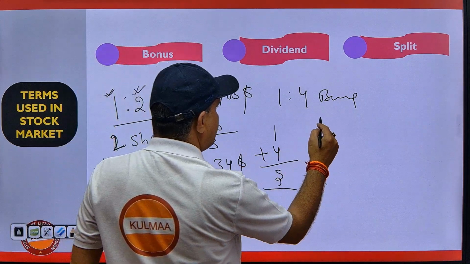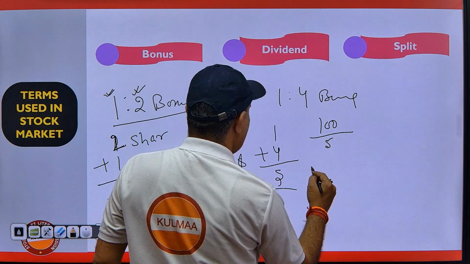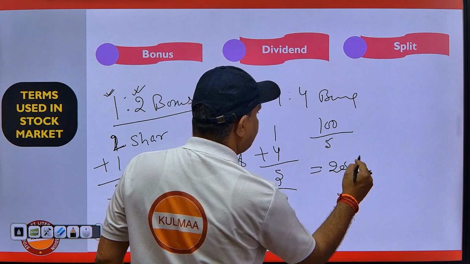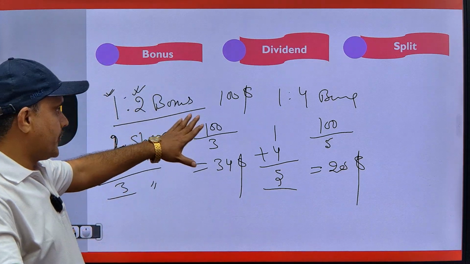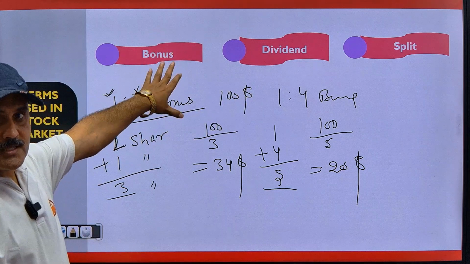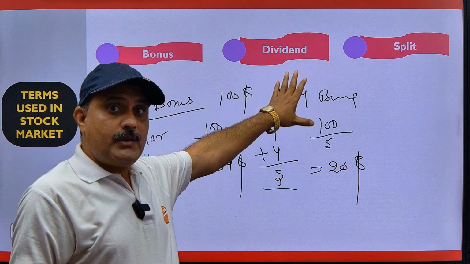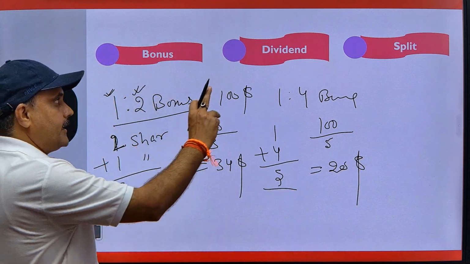That means the share price will be divided by 5, that is $20, after the announcement of the bonus. So the extra share will come from the reserve.